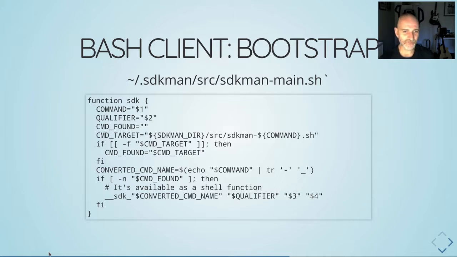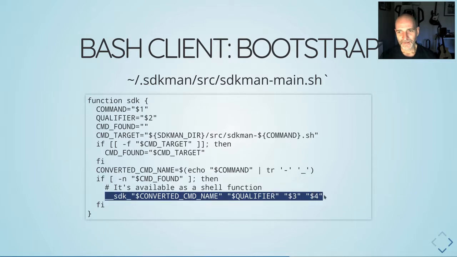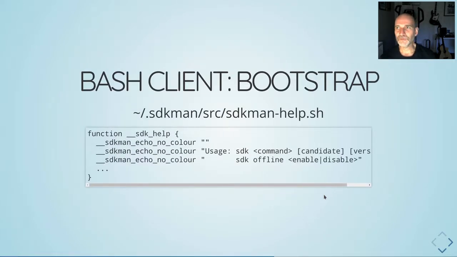And as you'll see from this little snippet of code, when we type in a command like SDK list, like we did earlier, we take that and use it to compose a function name. And when we invoke that, it will go and invoke one of these top-level functions.